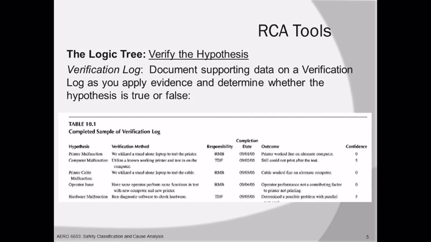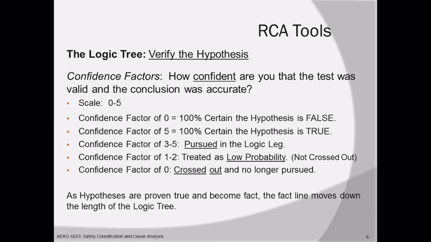It would be nice if we could know for certain that a hypothesis is 100% trustworthy or 100% false, but in the real world we know that this is seldom the case, and as such we have what our authors call confidence factors. Confidence factors are simply how confident are you that the test was valid and the conclusion was accurate. The scale ranges from 0 to 5.